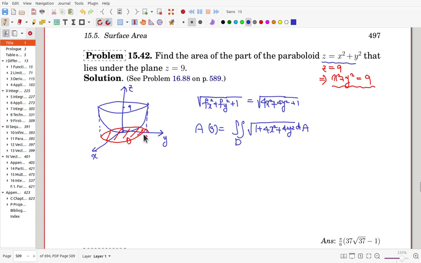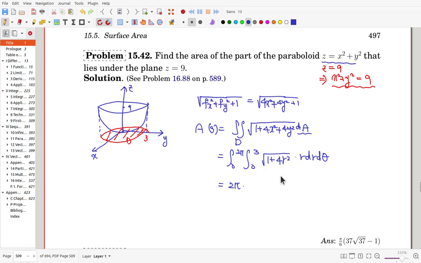The angle is from 0 to 2 pi, and r is from 0 to 3, and we have to express this as a function of r and theta. That's the square root of 1 plus 4r squared, and dA must be r dr d theta. That one is theta independent, so the theta integration is 2 pi.